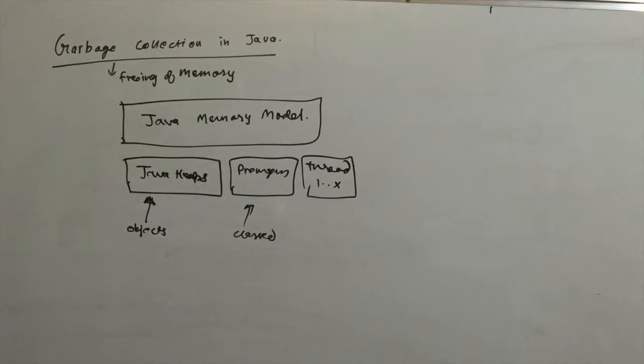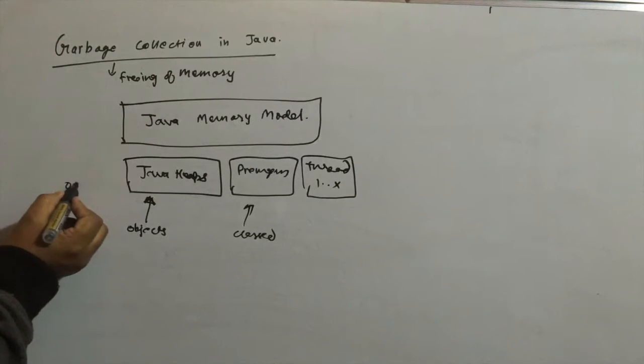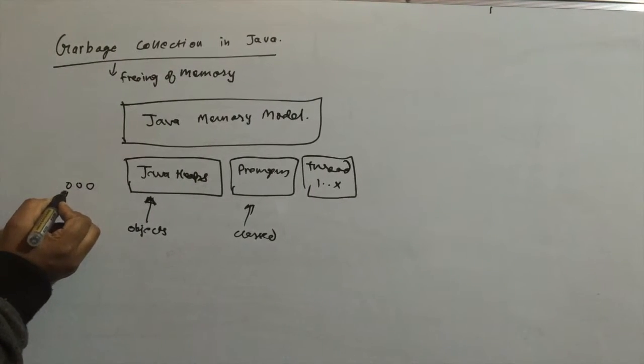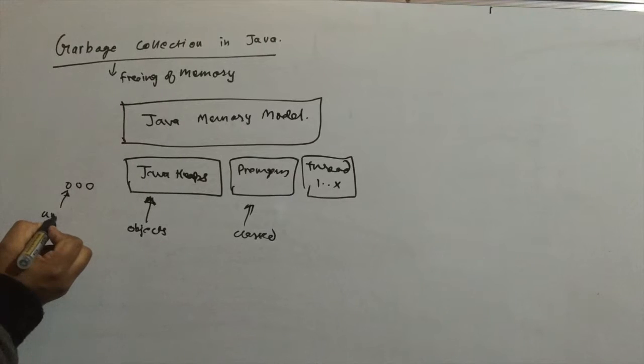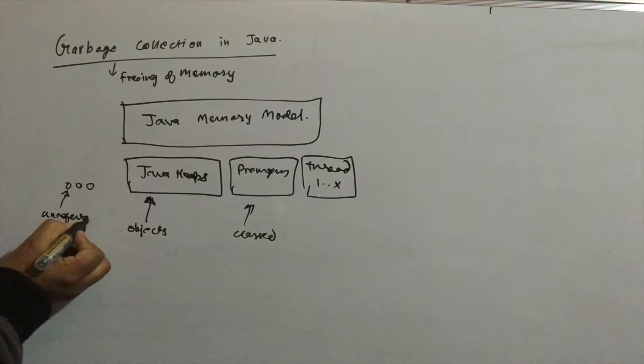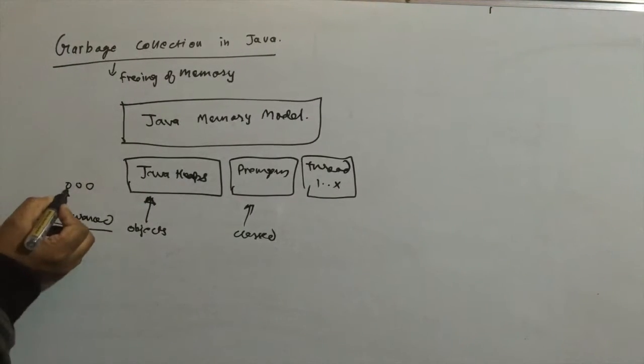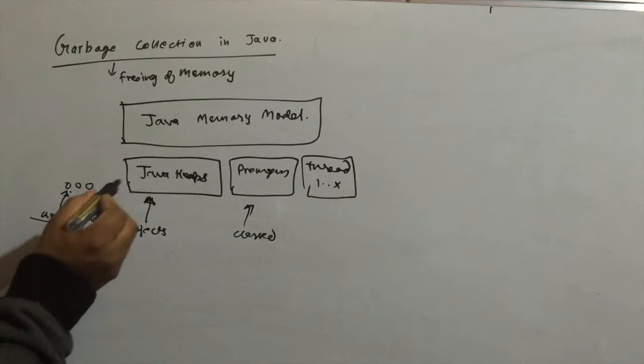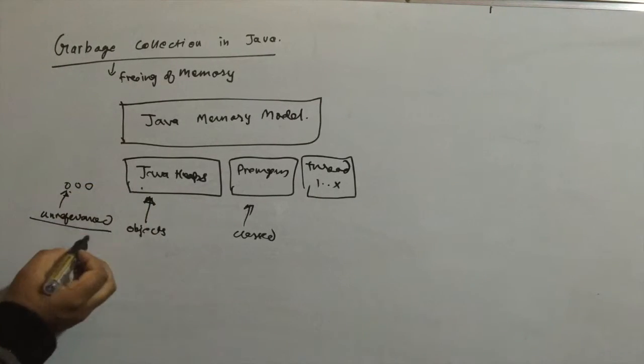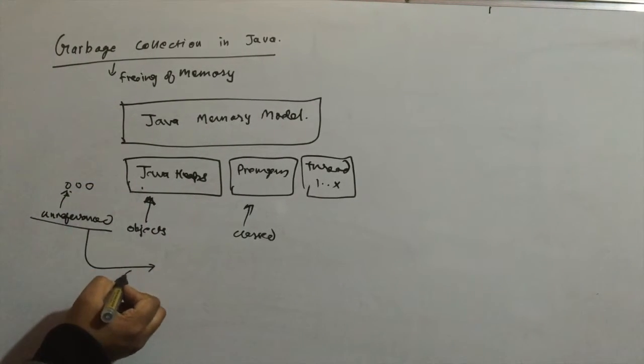This heap space is observed by the garbage collector, which decides if an object is unreferenced, and then takes it and throws it away. All the objects that are unused are detected as unreferenced. All unreferenced objects that are detected in the Java heap are taken away by the garbage collector.